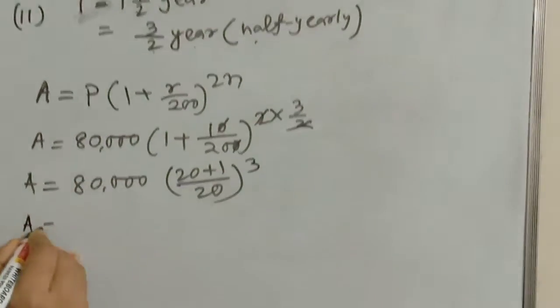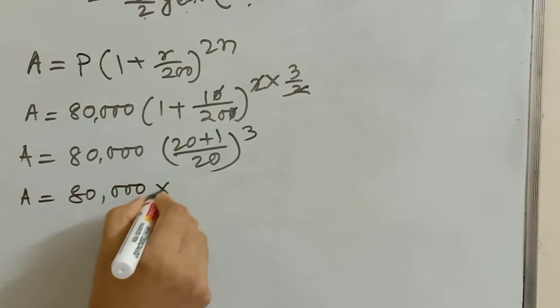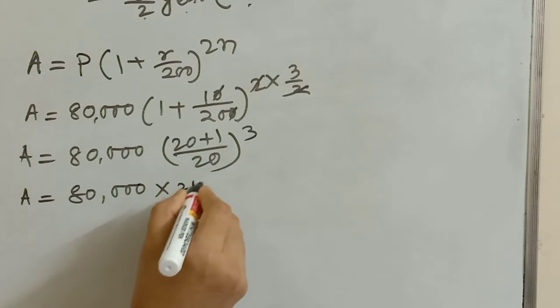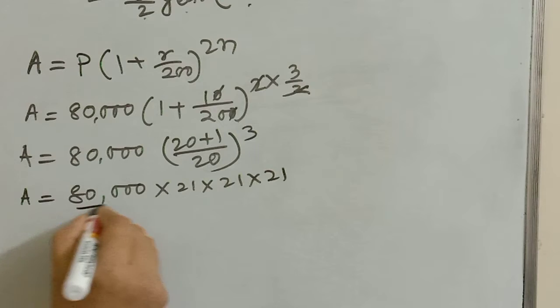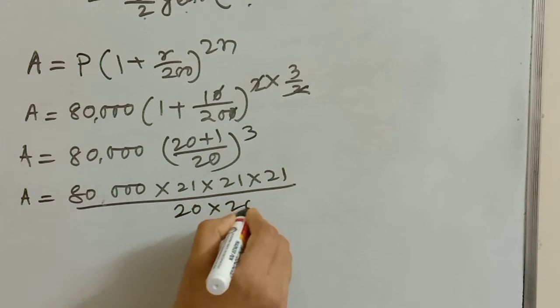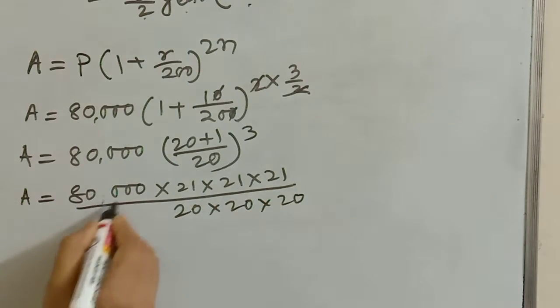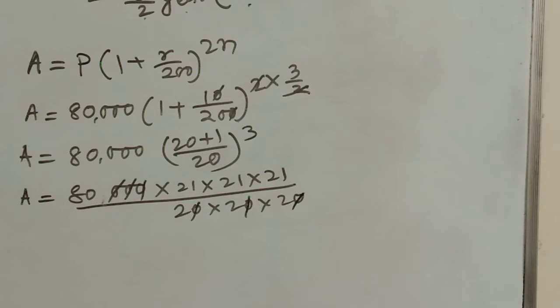Now amount is 80,000 into 21 by 20 into 21 by 20 into 21 by 20 because it is 3 times. You can cancel 3 zeros by these 3 zeros.